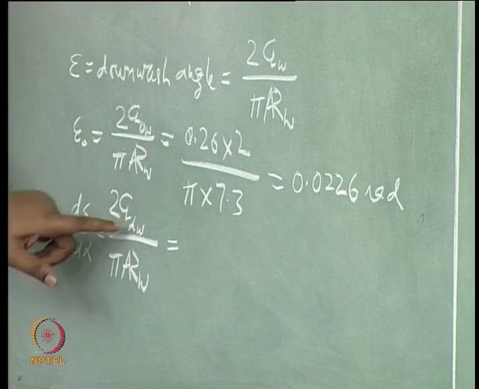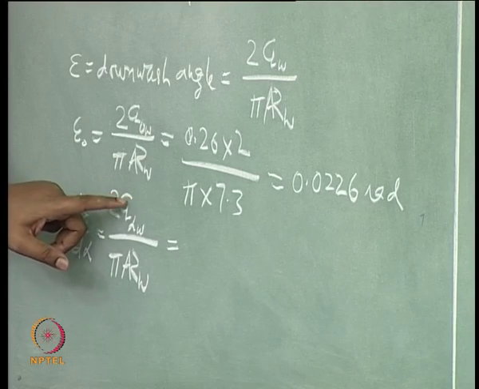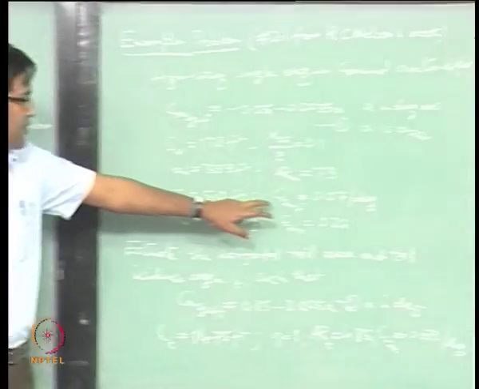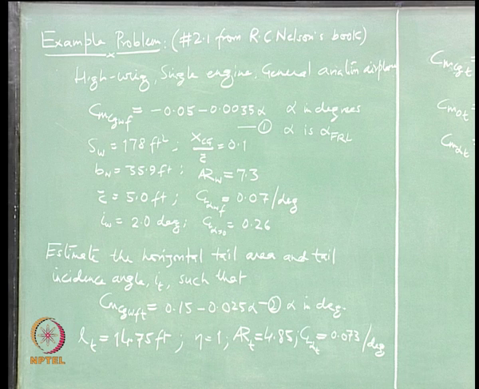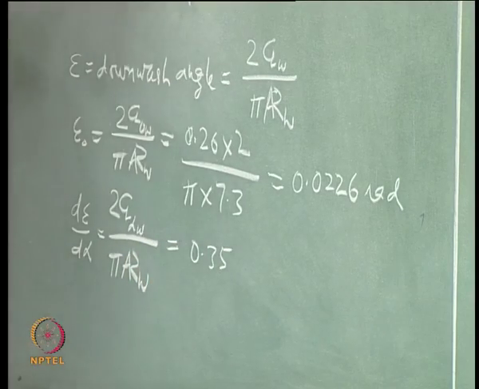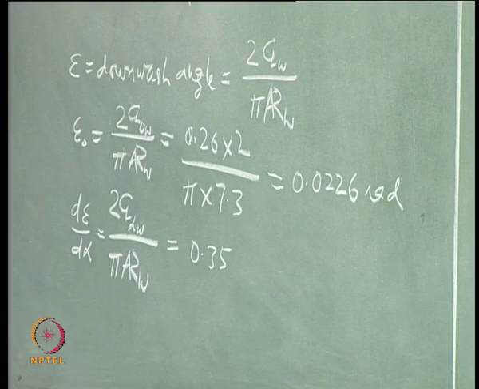Now, this is very close to this quantity what is given for the wing fuselage combination, and using that you can find out what is d epsilon over d alpha, and I am just writing it down here, you can find that is correct. Okay. Yeah, that you have to do anyway.